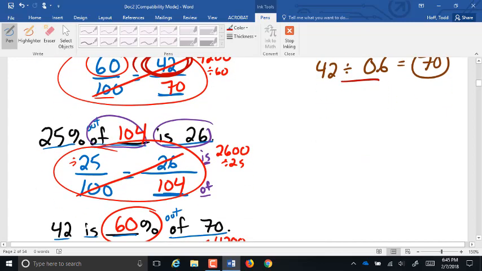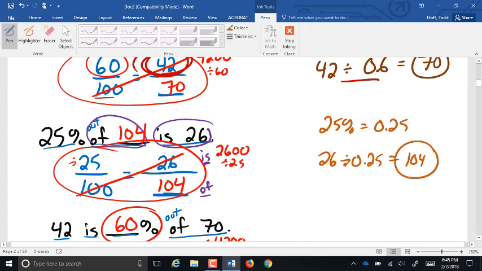Same with this fifth one here. 25% is 0.25 as a decimal. It would actually be 26 divided by 0.25 to give us the 104. So if you're going to use the rate method, you have to be able to figure out, am I going to have to multiply by the rate or divide by the rate?